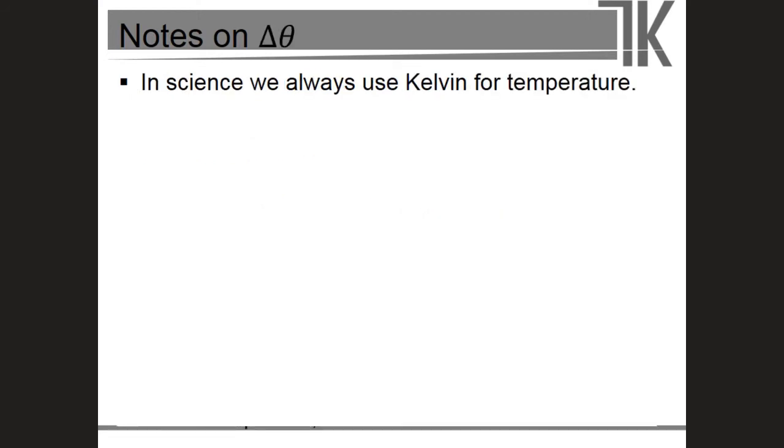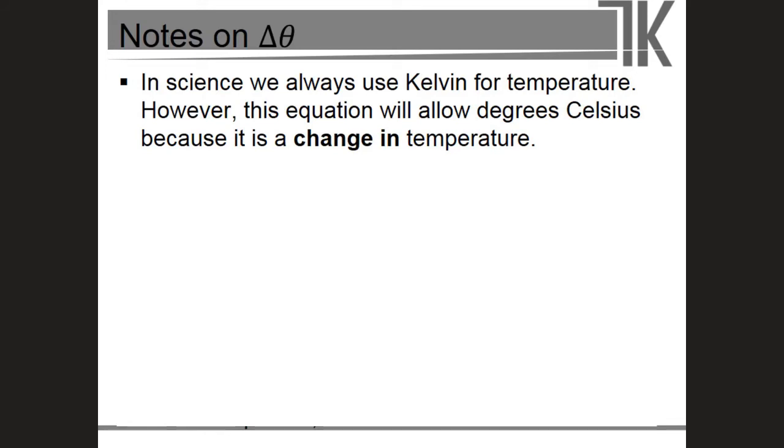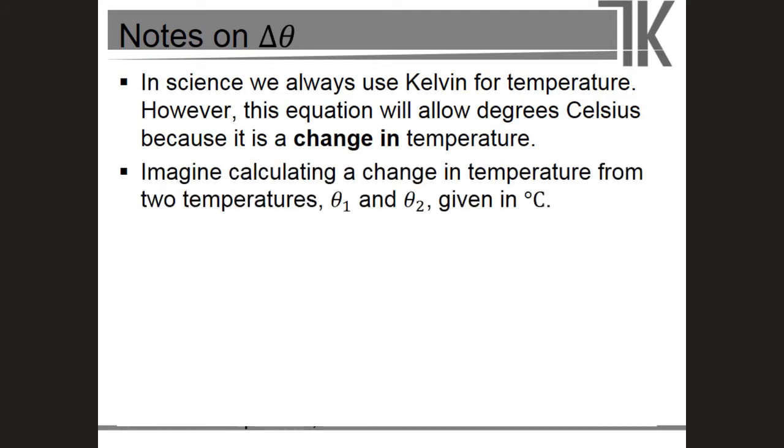In science, we always use Kelvin for temperature, but this equation specifically will allow degrees Celsius because it's a change in temperature. I just want to go through and show you why. So imagine you're calculating a change in temperature from two temperatures, theta 1 and theta 2, and they're given in degrees Celsius.